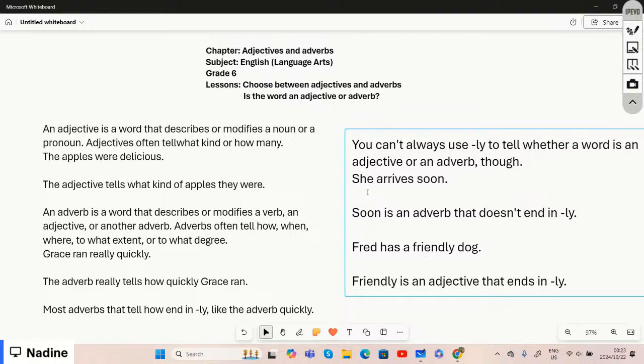And then the adverb is a word that describes or modifies a verb, an adjective, or another adverb. And adverbs often tell us how, when, where, to what extent, or to what degree.